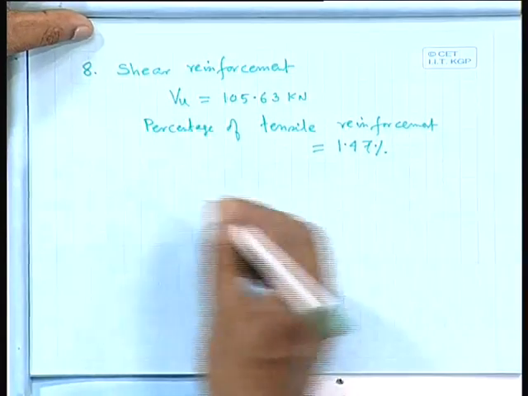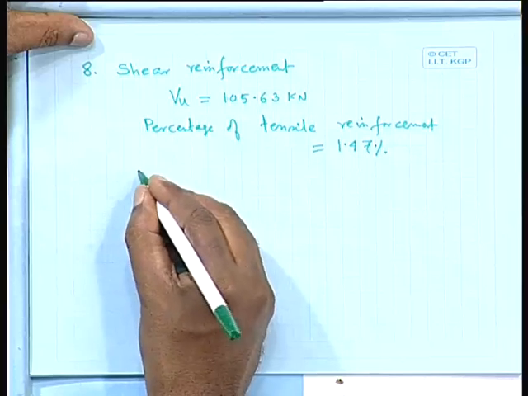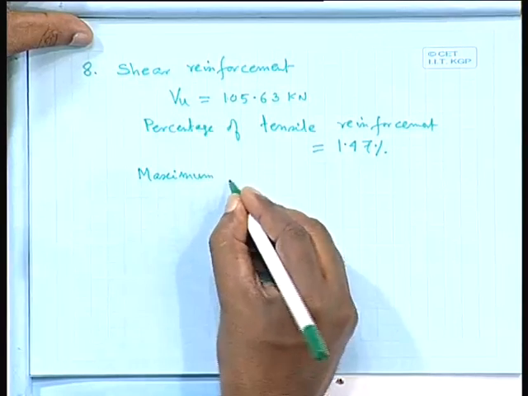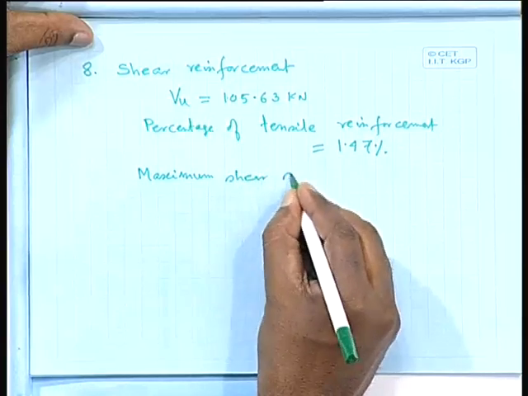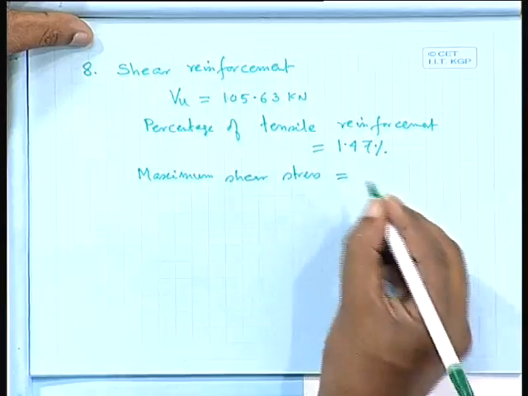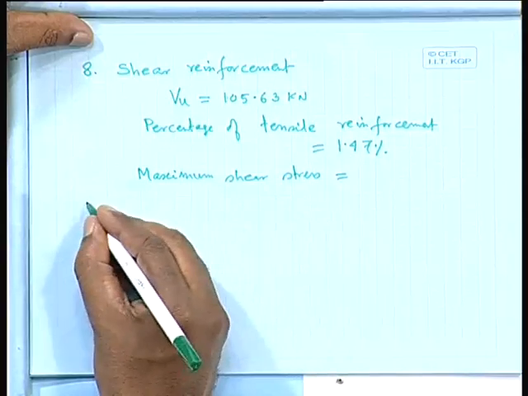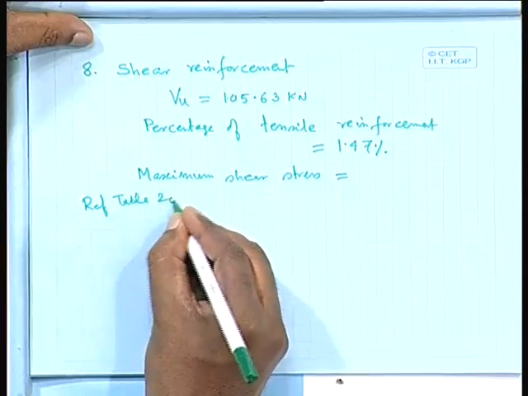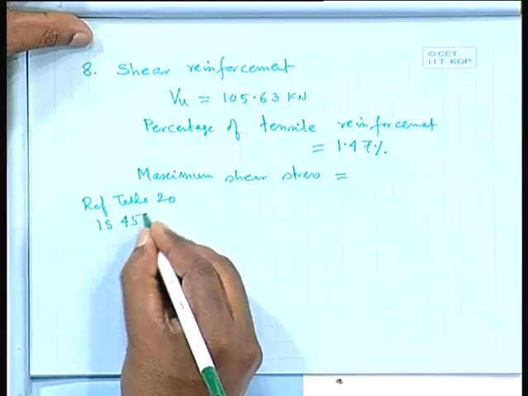What is our tau c max, maximum shear stress? And where from we shall get it? We shall get it, refer table 20 IS 456.